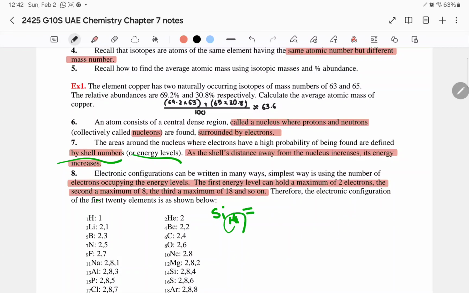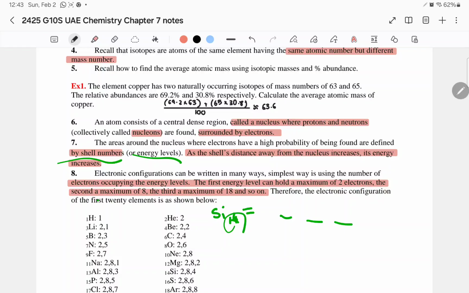To write its electronic configuration, you first start with the first shell. If you look at silicon on the periodic table, it is in the third row. A row is horizontal and the column is vertical, called the group, and the rows are called periods. So it is in the third row, so it should have 3 digits for silicon.